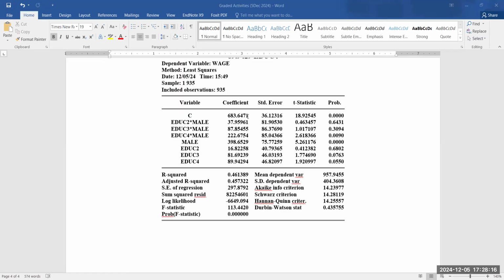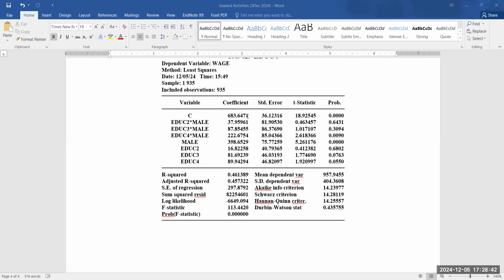But these effects are weaker. Why? Because the results are not so significant. The probability in each of these two cases, education category 3 and 4, is much higher than 5%, which is the benchmark guideline for significant difference of wages across different categories.